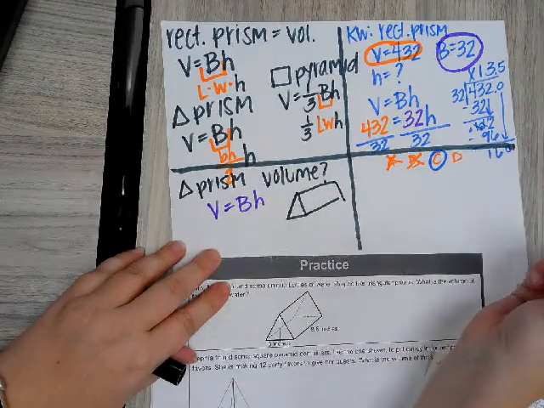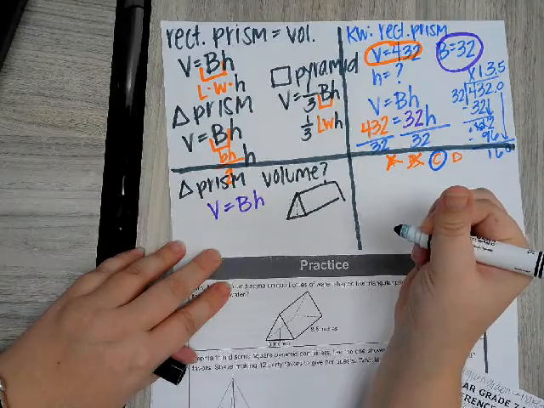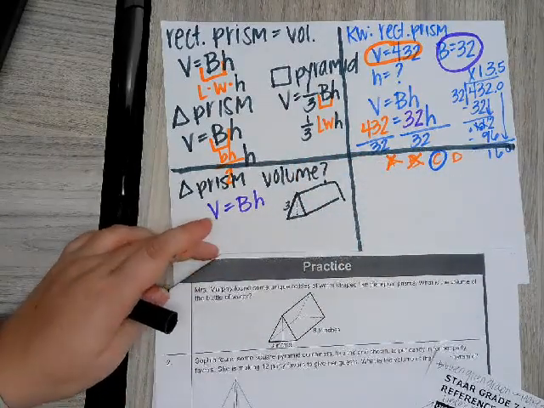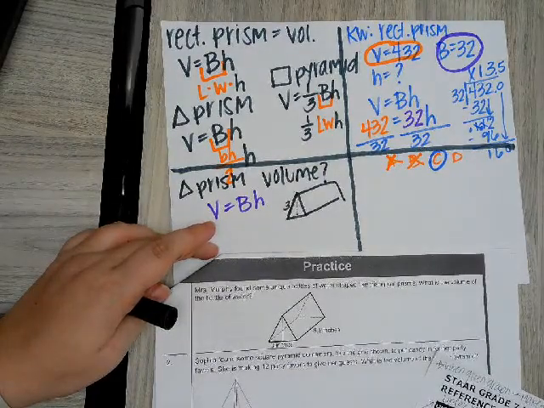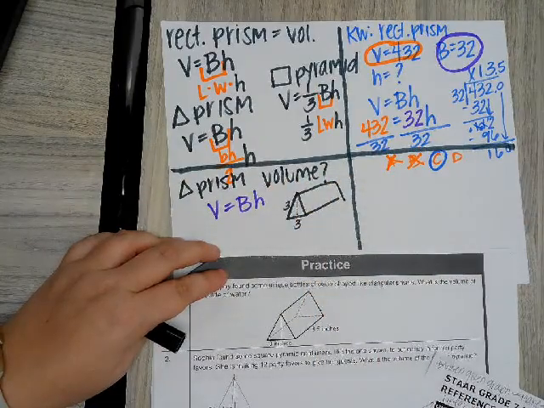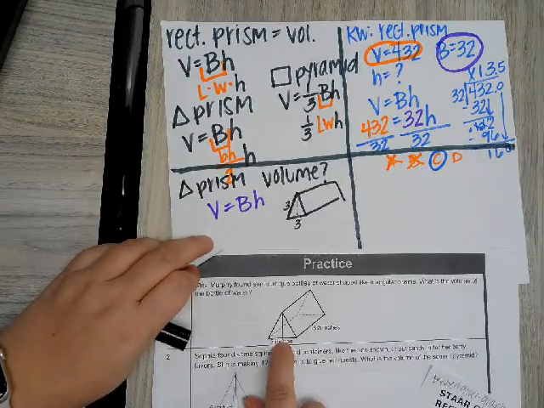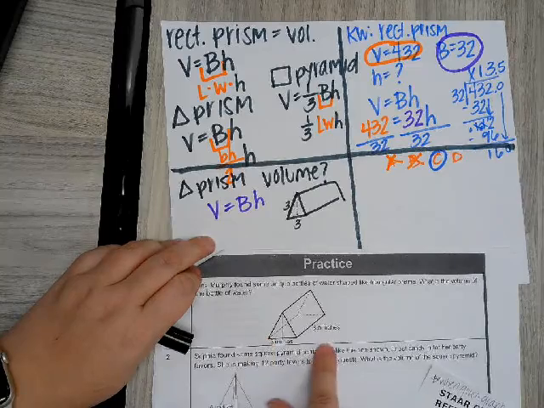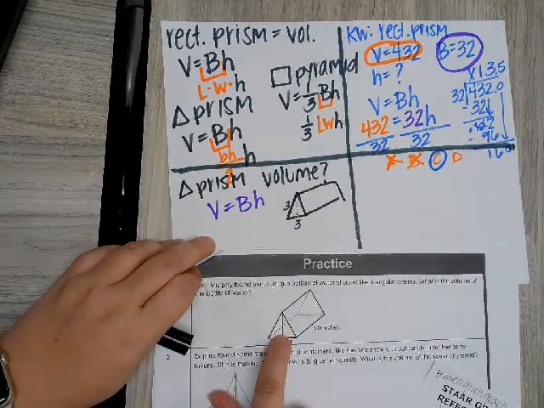But we know that 3 is my height and my base. It doesn't have my height here, so that's why I'm going to assume that 3 is also my height, guys. So I'm letting y'all know, I know it's missing a number here for your height. We're just going to pretend that's 3.